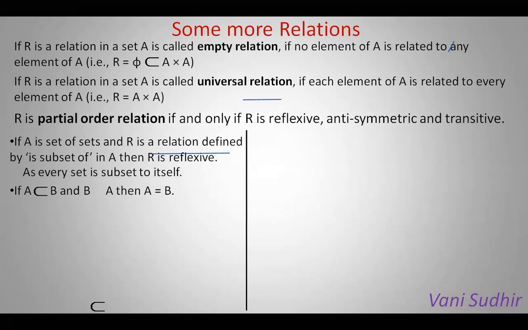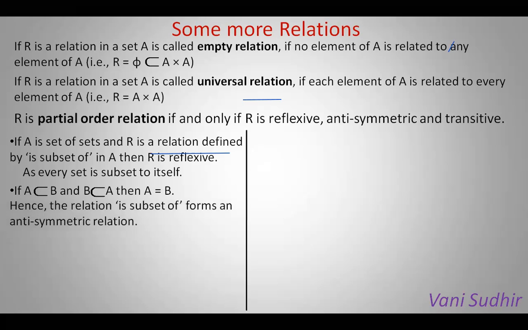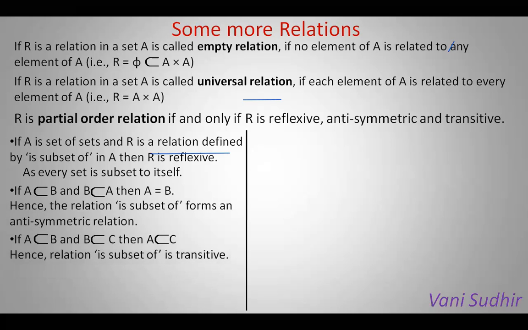If A is a subset of B and B is a subset of A, it is possible only when A equals B. Therefore, subset is an anti-symmetric relation, as we told. And it is transitive also. If A is a subset of B and B is a subset of C, then A will be a subset of C. Therefore, it is a transitive relation. It is reflexive, anti-symmetric, and transitive. Therefore, it is a partial order relation.